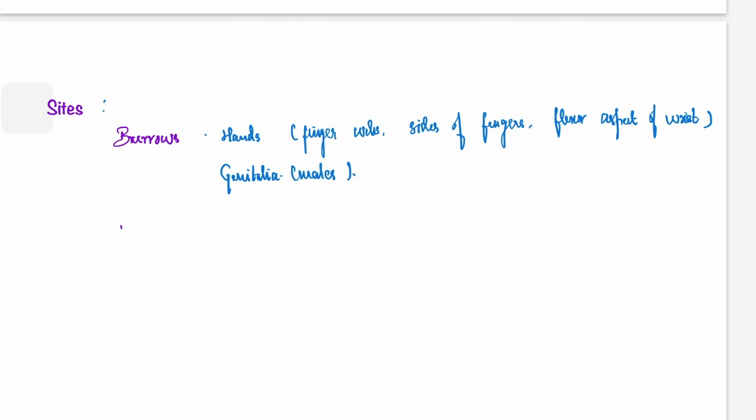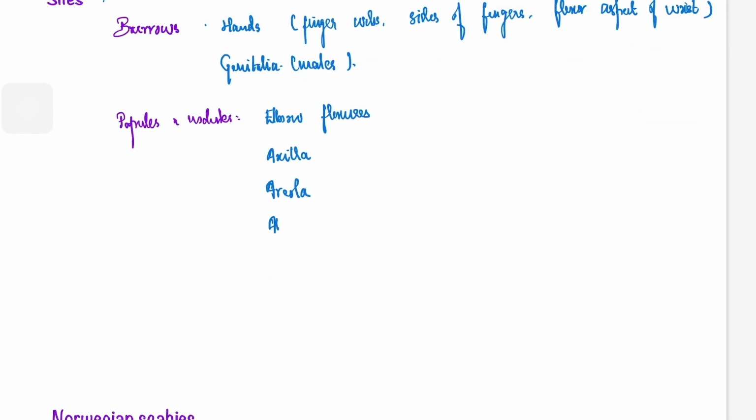And where would you see the papules and nodules? Papules and nodules are due to hypersensitivity reaction. You would see them in the elbow flexures, the axilla, around the areola, in the abdomen, in the periumbilical region, or in the genitalia or groin.